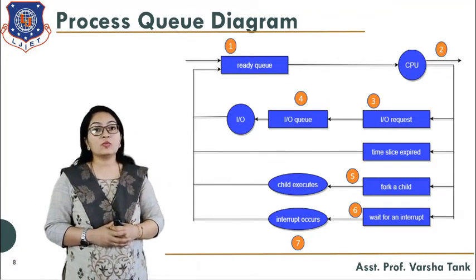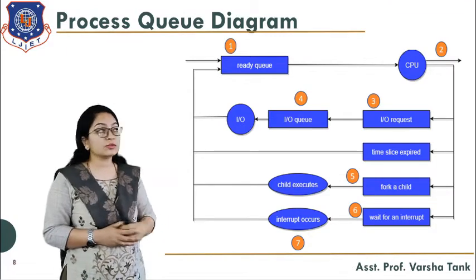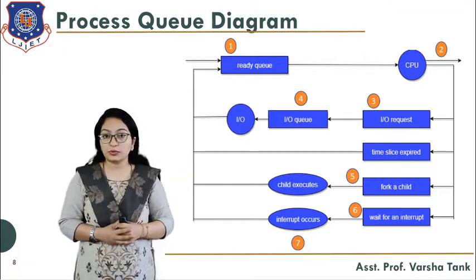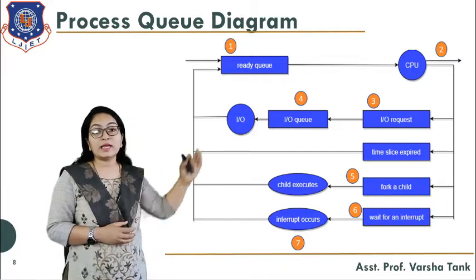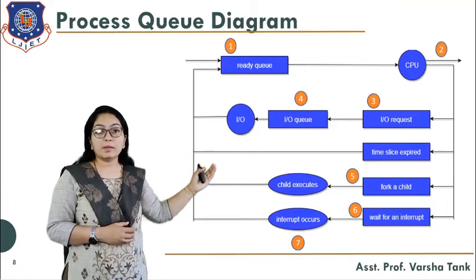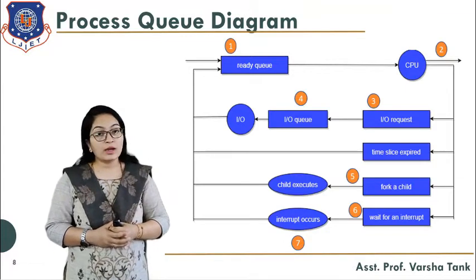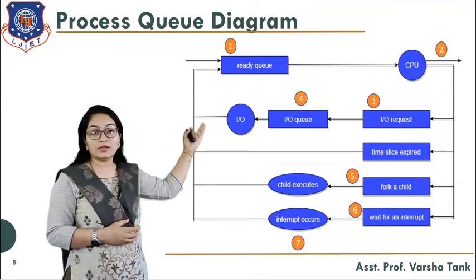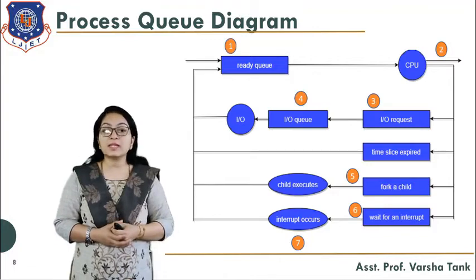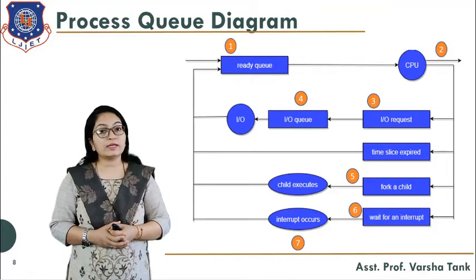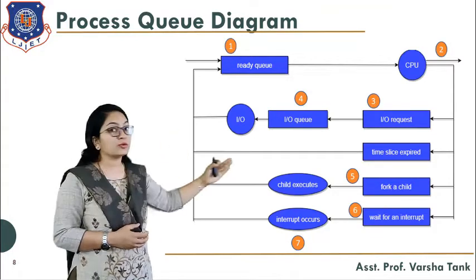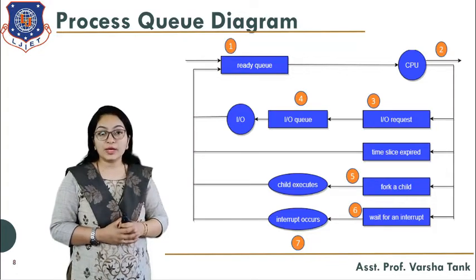The process will be placed into the IO queue, and if it gets the IO device and completes execution, then again it will come to the ready queue. Now CPU has selected another process, for example its time slice expires. If its time slice expires, again this process will go in the ready queue.